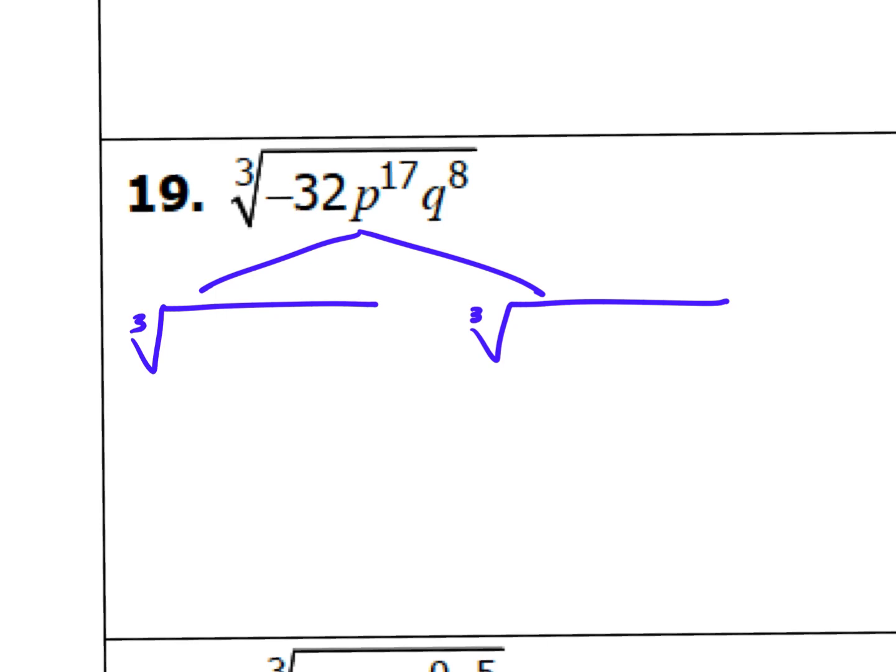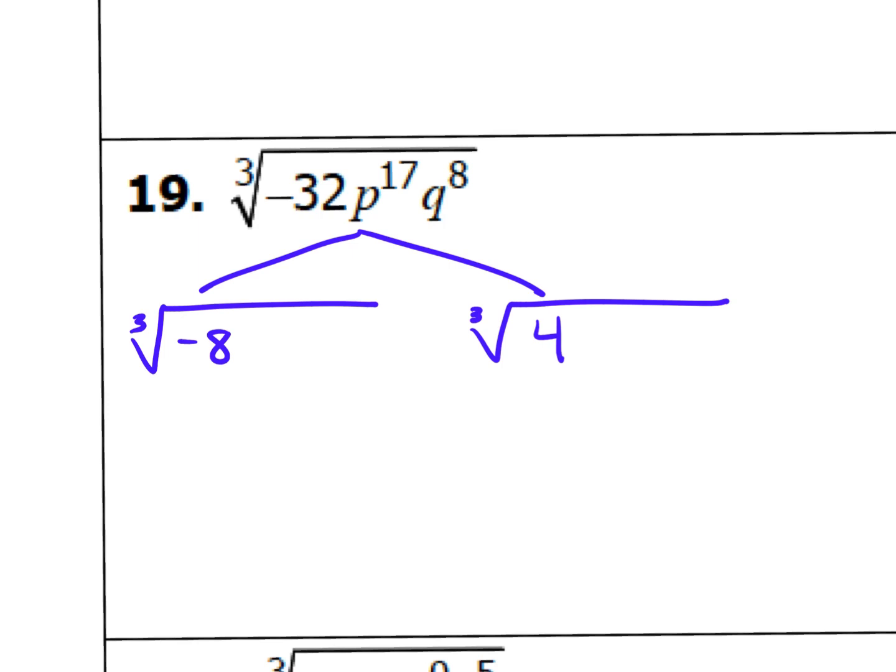So look at your list of perfect cubes. What perfect cube is 32 divisible by? 8. Because there's the negative there, put the negative with the perfect side. What's going to go on the non-perfect side? Positive what? 4, right? Negative 8 times 4 will get us negative 32.